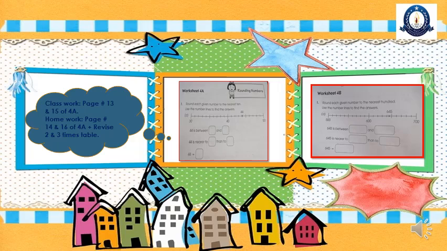So 44 is between 40 and 50. Is 44 close to 40 or 50? You can see it is close to 40. So when this question comes, 44 is nearer to dash than to dash. So what will come? 40, then 50.